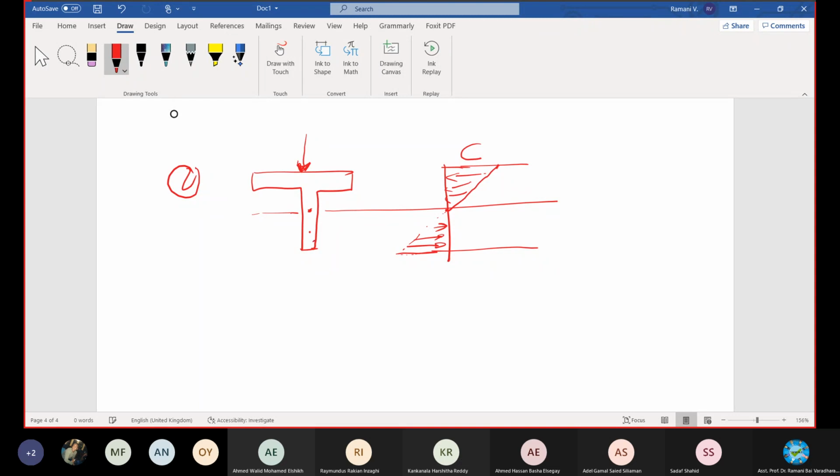The subject member is a slender member, right? The material which is subjected to this loading will be smaller compared to this one. That's why this portion is maximum. Wait, let me draw clearly.